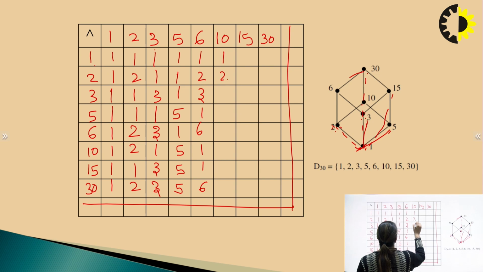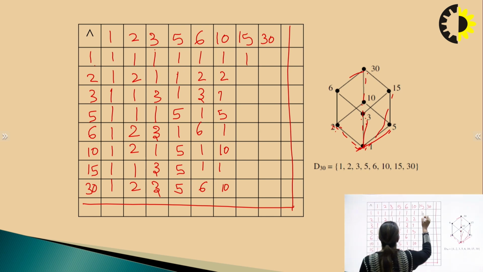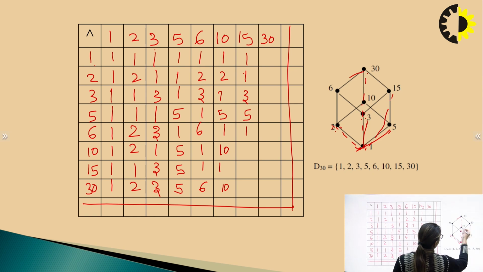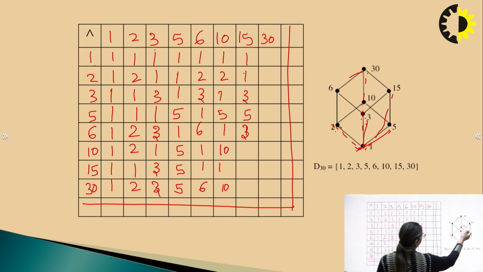For 2 and 10, 2, 2, 1, 5, 1, 10, and 10, right? 15 and 1, 1, 15 and 2, 1 again, 15 and 3, 3, 15 and 5, 5, 15 and 6, 1, sorry, 15 and 6 is 3, right? 15 and 10.